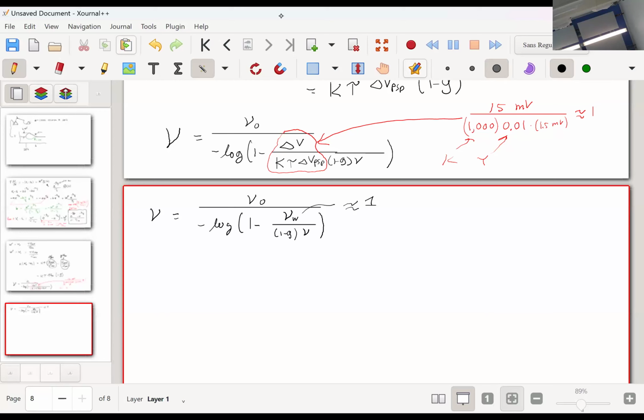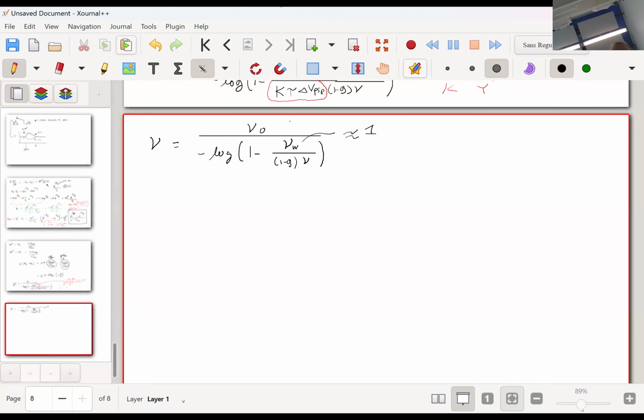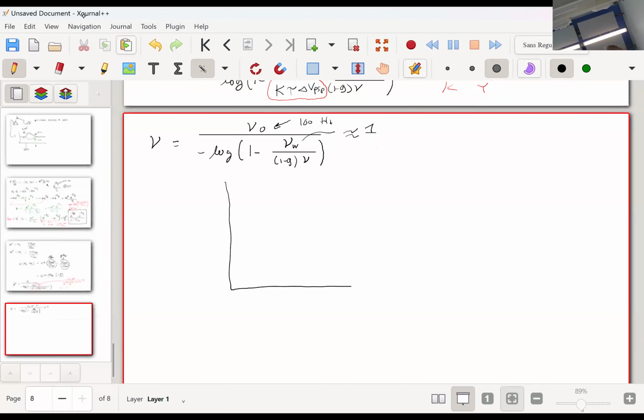So now, assuming G is less than 1, what this means is that the firing rate, first of all, goes up very rapidly. So nu 0 is 100 hertz. Now we can actually put scale bars on this. On this axis, we're going to plot this quantity, nu W over 1 minus G. That's where it starts going up, and then it goes up very rapidly.